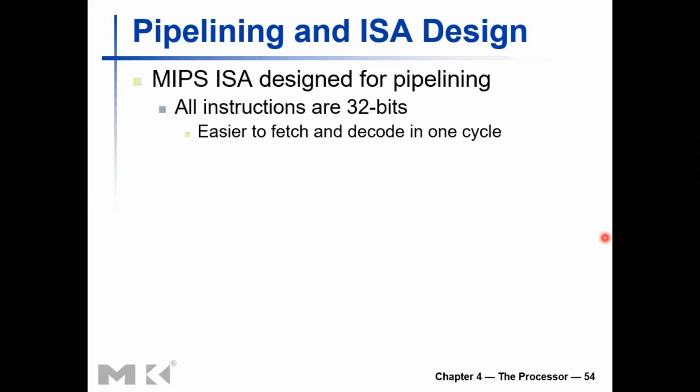That means added combinational logic in instruction fetch as well as in instruction decode. If some instructions are larger or smaller than the others, you have to have additional combinational logic to handle all these different possible scenarios.